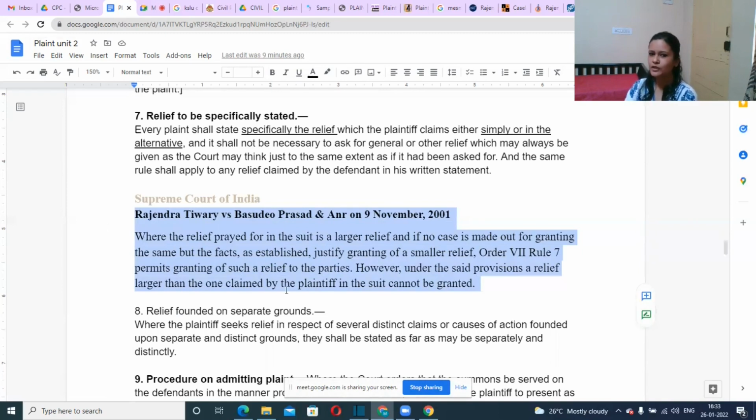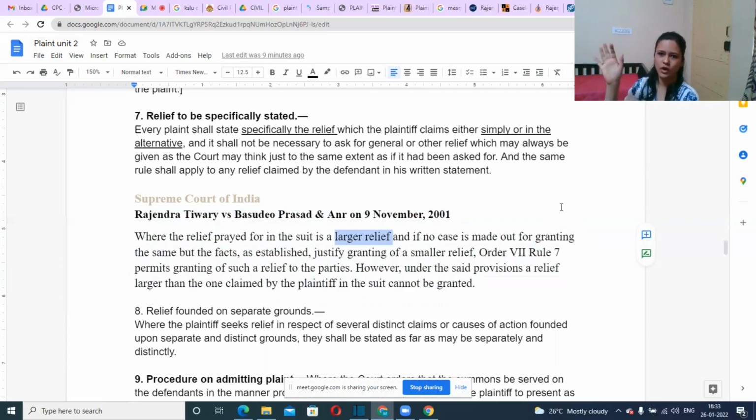That is fine because party has mentioned a larger relief. And while deciding the case, court found that this much of relief is not justified. Party is not entitled to it. So it's okay if court gives a smaller relief. Court can say that 3 lakhs we are giving, we are not giving 5 lakhs.